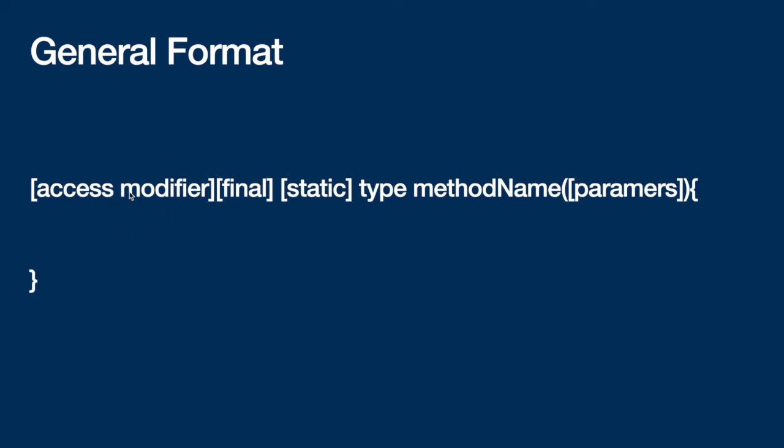The access modifiers are modifiers which enable or disable accessing the method outside the class when we are using the class instances. The other one is the final keyword. This has a meaning in methods different from variables.